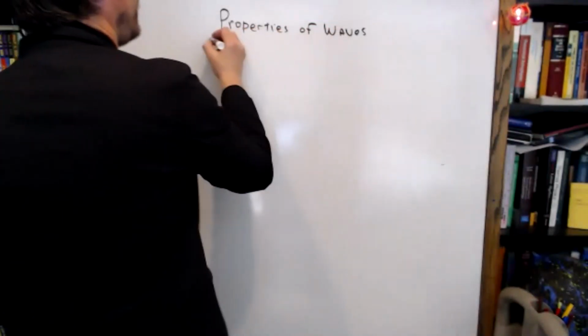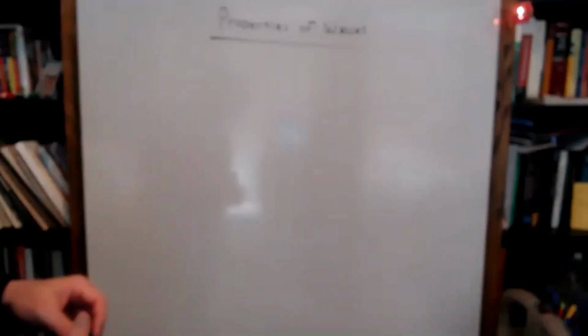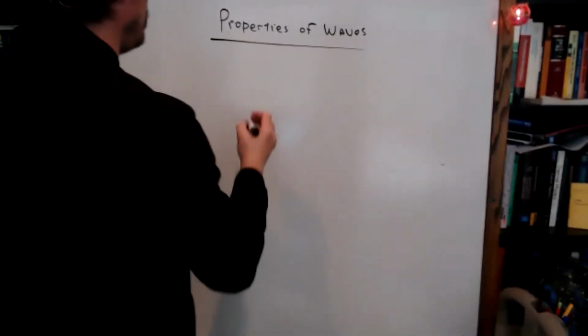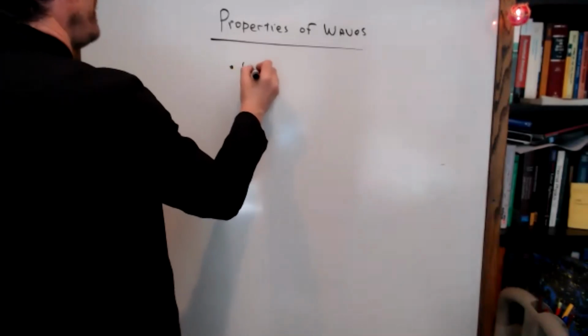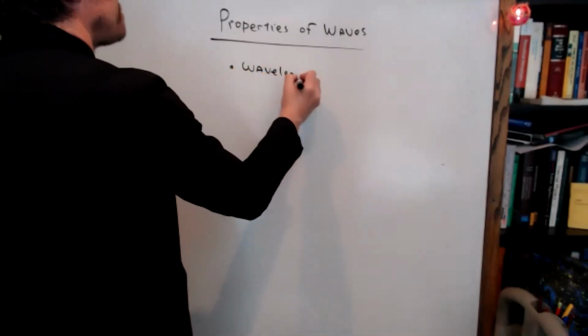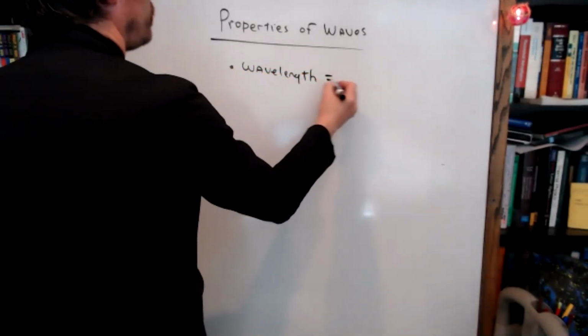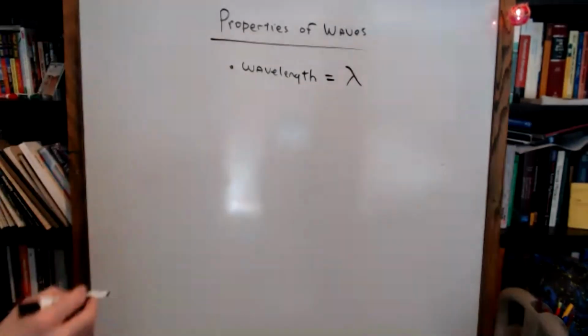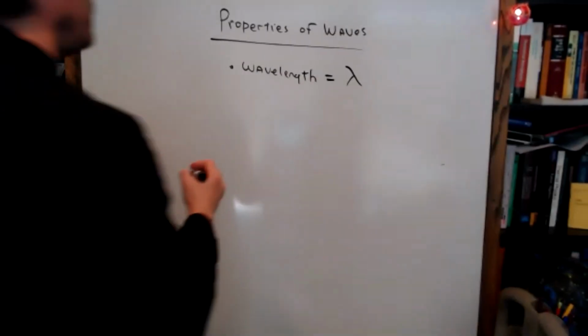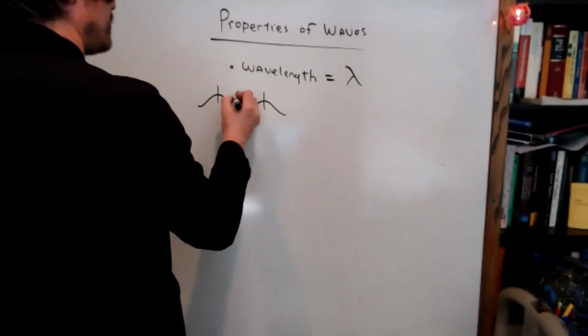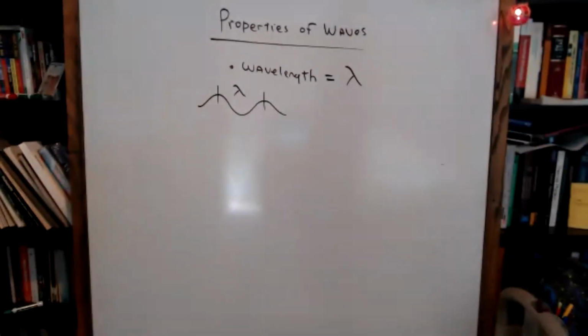And this is true for light, but also other types of waves like sound waves and water waves. They have properties called wavelength, which gets the symbol lambda in Greek. Wavelength is the physical distance that goes from crest to crest of your wave.